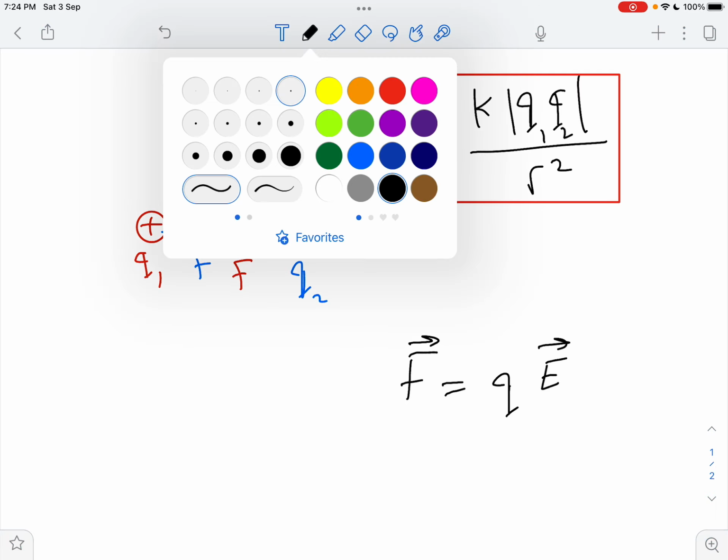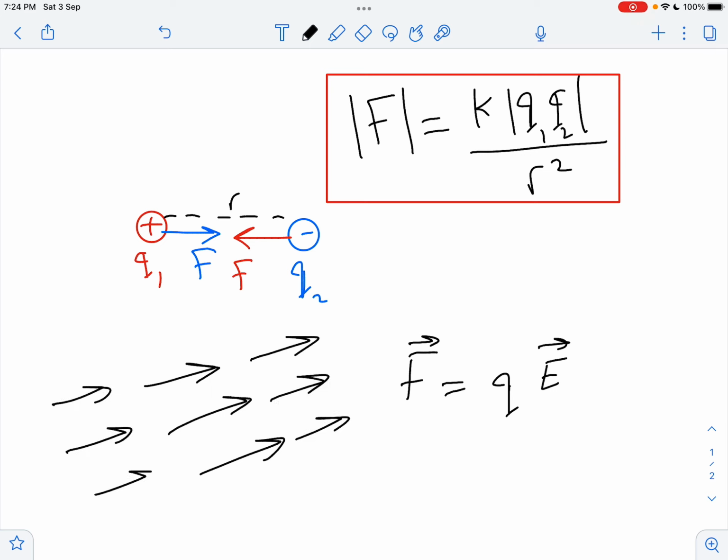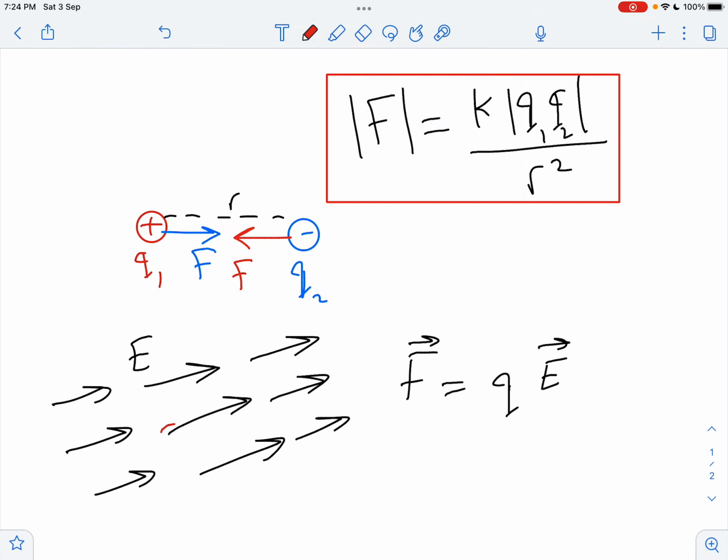Which means if I have in a region of space an electric field E in a certain direction, represented by those arrows or vectors, and you place a point charge, let's say a positive point charge here, then this electric field will create a force on that charge.